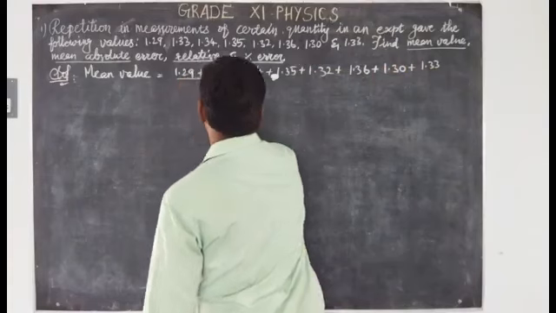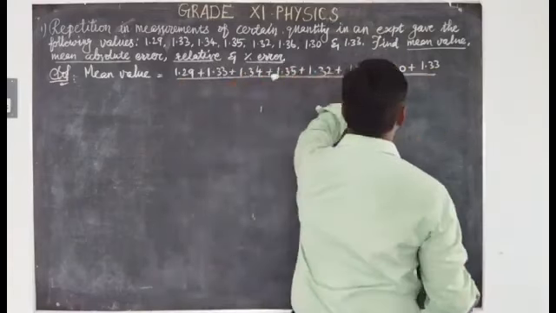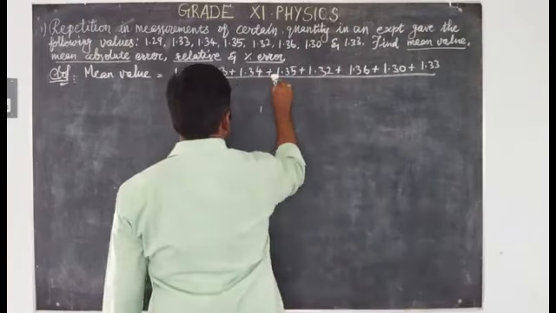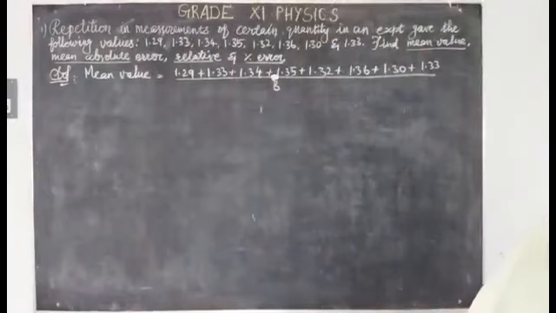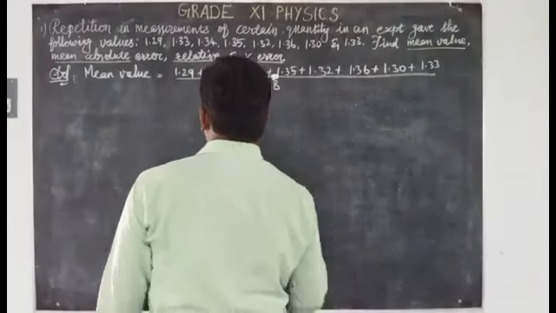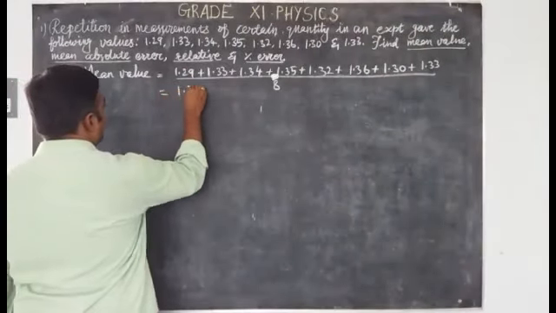Sum of data divided by number of data: 1, 2, 3, 4, 5, 6, 7, 8. So divided by 8. What is the value you get? The value is finally 1.3275. The mean value is 1.3275.